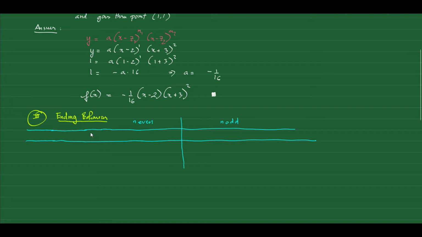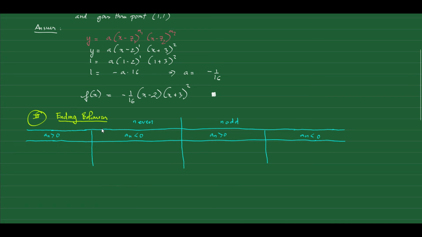Over here I will have a sub n greater than 0, and over here a sub n less than 0. Same thing over here, I'm going to split it into 2 cases: a sub n greater than 0, and a sub n less than 0.